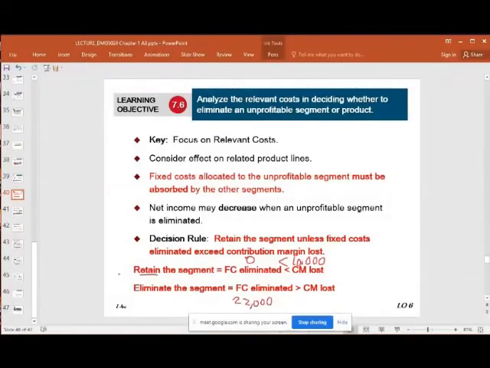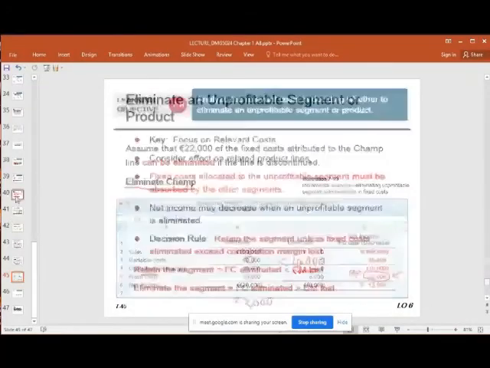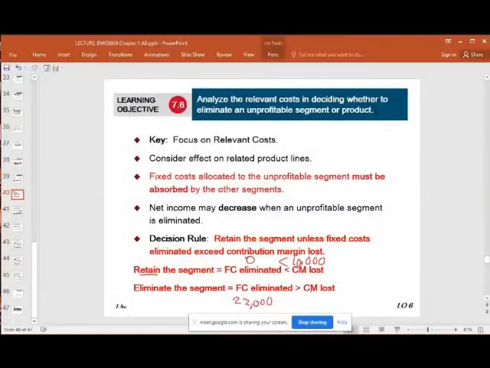Contribution margin lost, let's look at the question. Contribution margin loss 10,000. Same thing. So which number is bigger? Of course, 22,000 is bigger. So you eliminate.